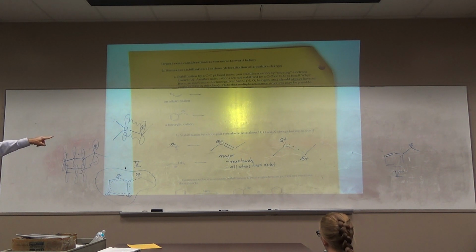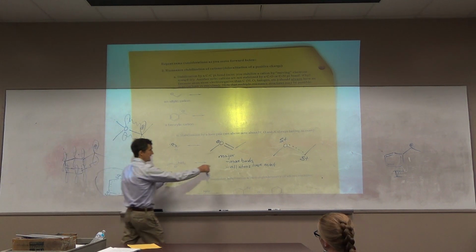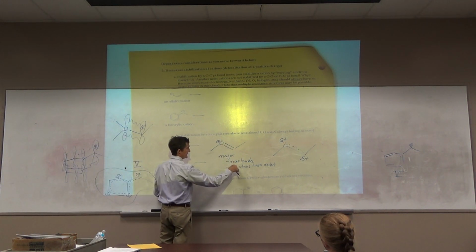What's not as good about the structure on the right? What do you not like about it? Positive on oxygen. You'd rather have positive on carbon. Carbon's more of an electropositive atom. Oxygen's more electronegative. Yes, that is a not as good thing. But these things outweigh that.